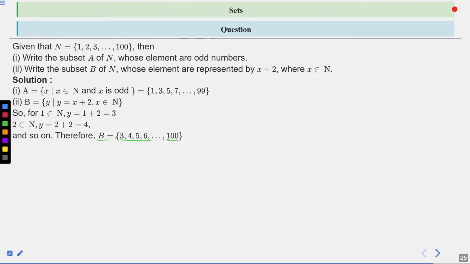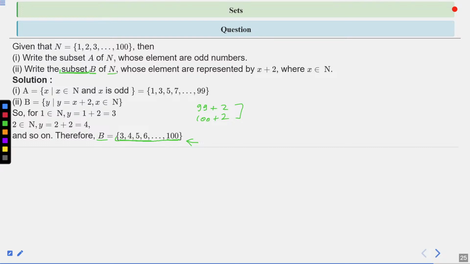Why are we getting these elements only? What about 99 plus 2 and 100 plus 2? Why are we not taking these elements in this set B? Because we want our B to be a subset of N. It is clearly mentioned here.